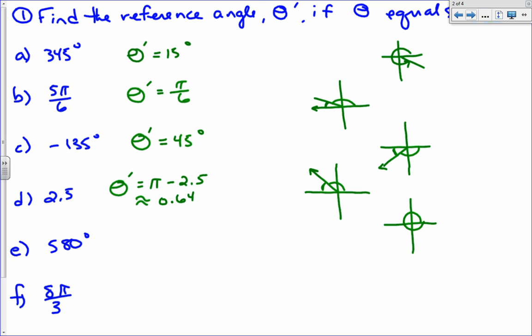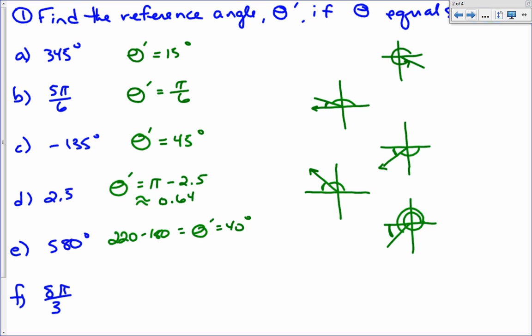So we're going around once and then 220 degrees more. There's 180 degrees more, and we're going a bit further, so we need this distance here. It'll be the difference between 220 and 180. So our reference angle will give us 40 degrees.